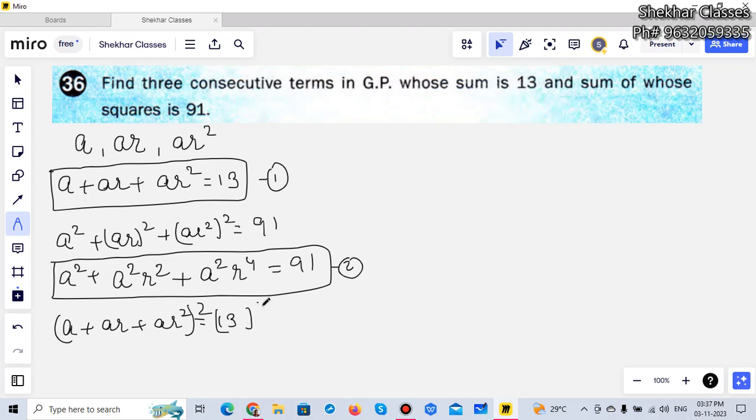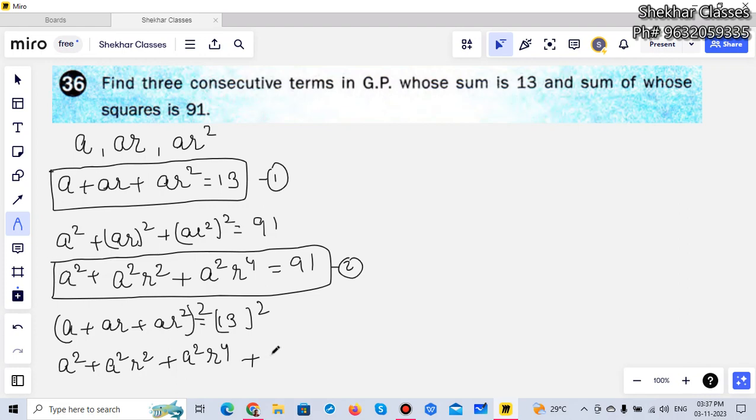Square the LHS, square the RHS. What do we get using the identity? A square plus A square R square plus A square R to the power 4. You know how it is: (A plus B plus C) whole square is A square plus B square plus C square plus 2AB plus 2BC plus 2CA.